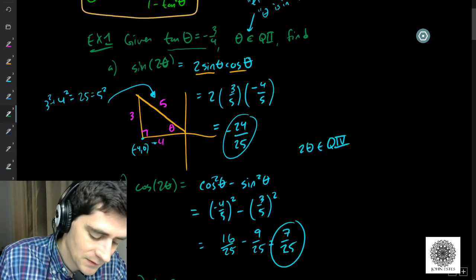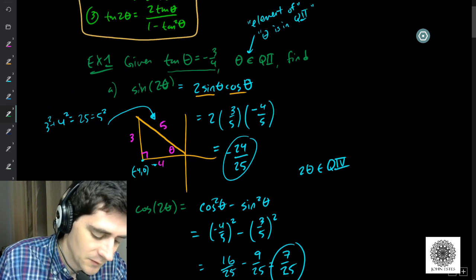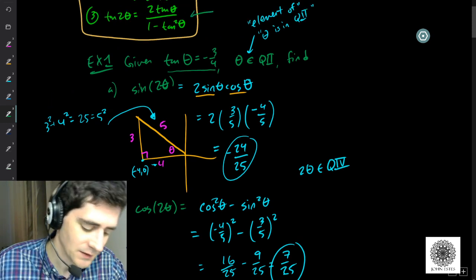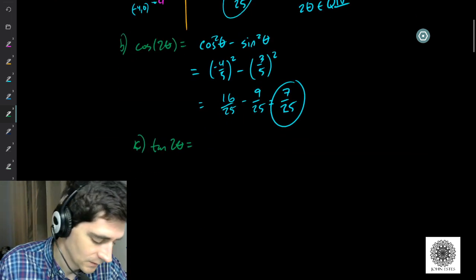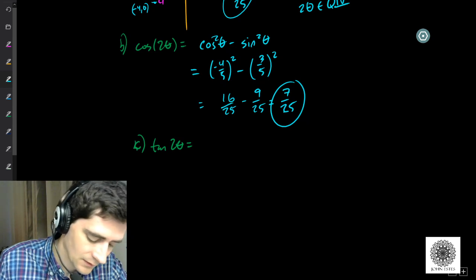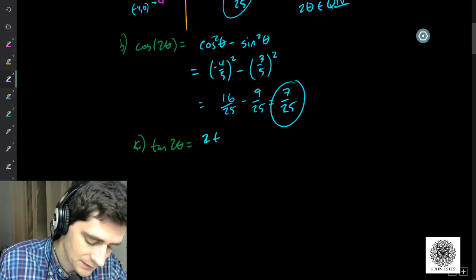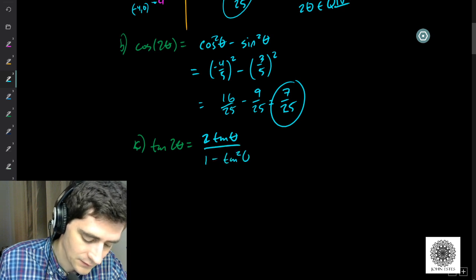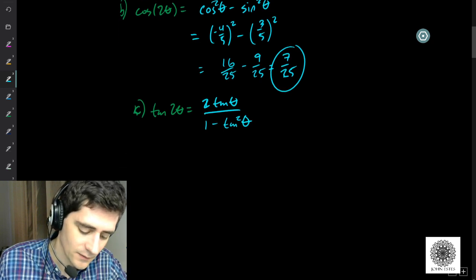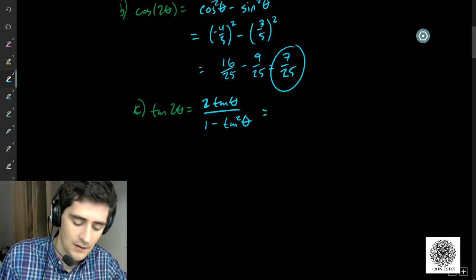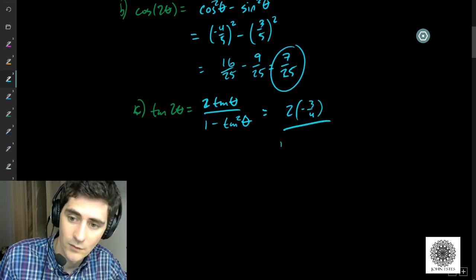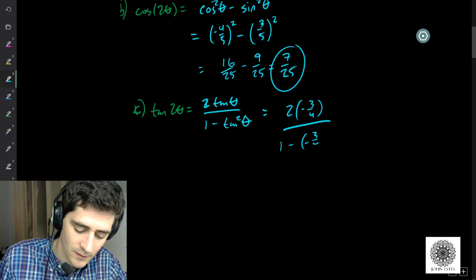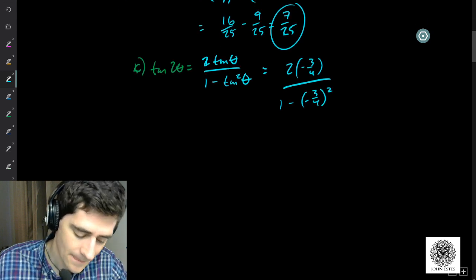Back at the beginning, tangent was negative 3/4, and I'm using this identity here, 2 tangent theta over 1 minus tangent squared theta. So all we have to do is plug that in. If I plug in my values, I get 2 times negative 3/4 over 1 minus negative 3/4 quantity squared.